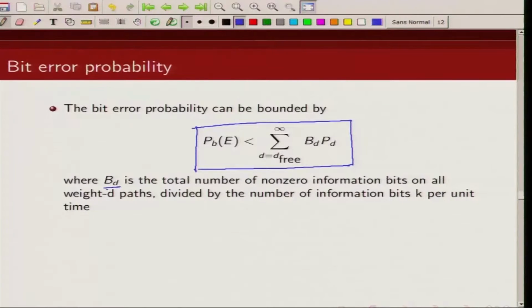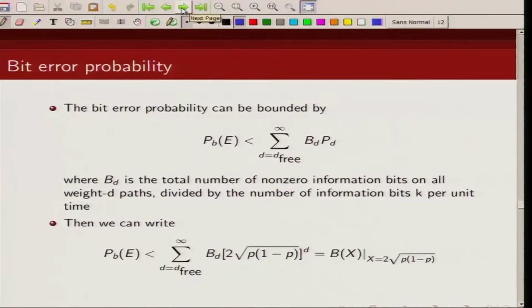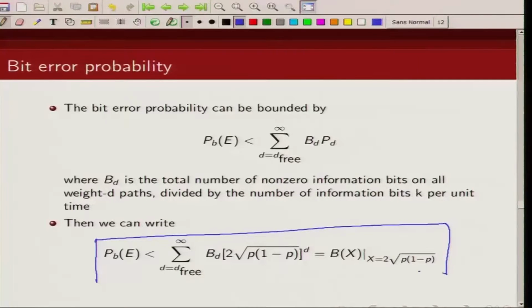where B_D is the total number of non-zero information bits on all these weight D incorrect paths, divided by k information bits per unit time. So, if we plug in that value, we can similarly write the expression for bit error rate probability.